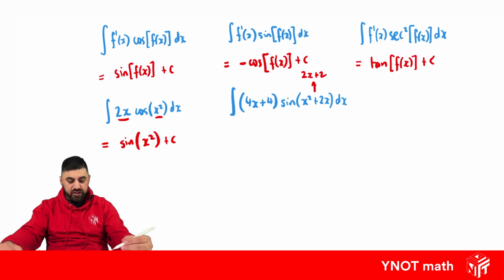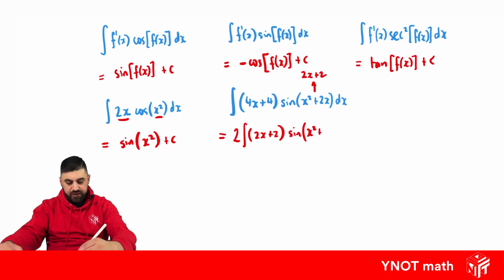But we have 4x plus 4, but if we just factor out a 2, and we'll take it outside the integral, this will leave us with 2x plus 2, exactly what we need as our derivative. So we get that multiplied by the sine of x squared plus 2x dx.